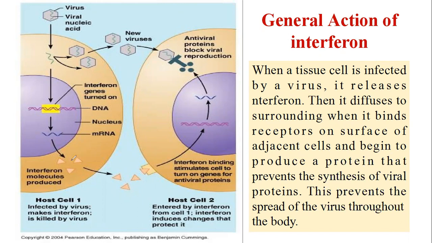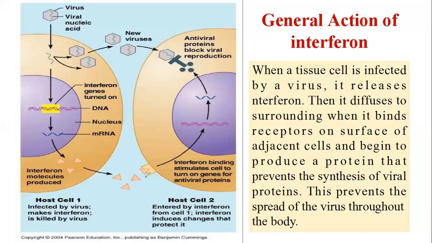This mRNA will synthesize proteins, and these are the interferon molecules. These interferon molecules come out from the infected cell and are received by the surface receptor of the adjacent cell. This is the healthy cell, and this is the infected cell.